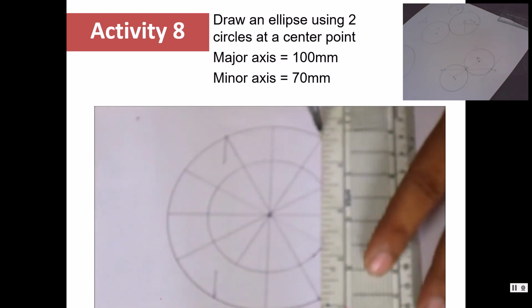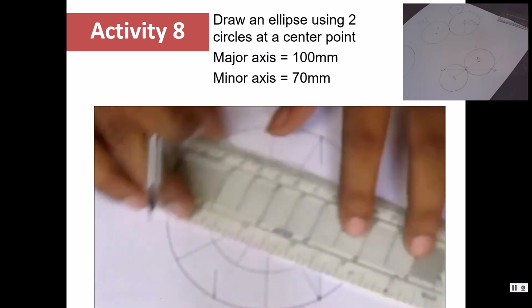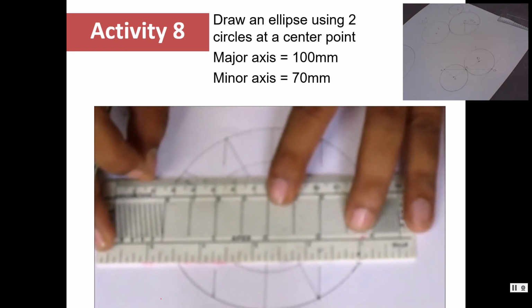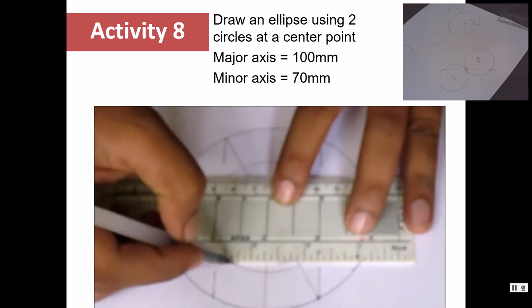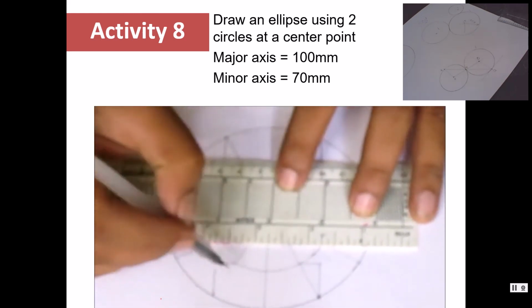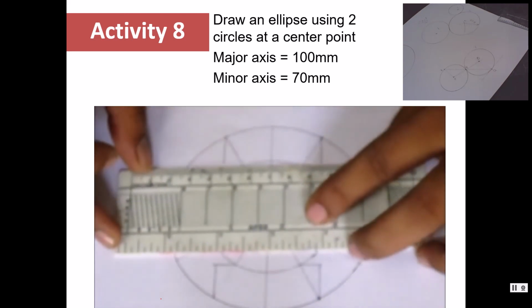After you have done that, the next step is to find the point in which the arc that we want to draw, and this is based on the major circle and the minor circle. You should draw a straight or 90-degree line.